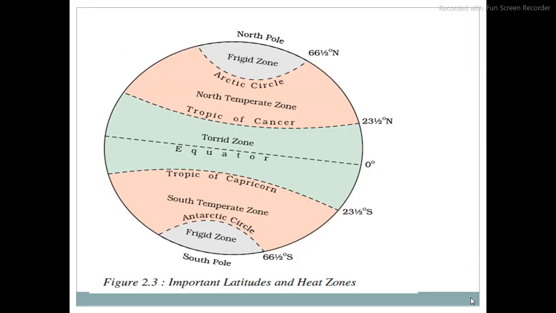So this diagram I had already explained to you. In this diagram, as you are observing in the slide presentation as well as in the video, you are observing the North Pole, South Pole, and here the equator 0 degree, Tropic of Cancer 23.5 degrees, Tropic of Capricorn 23.5 degrees south, Antarctic circle, Arctic circle.